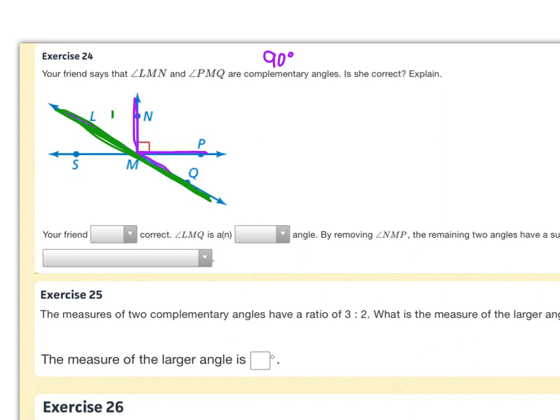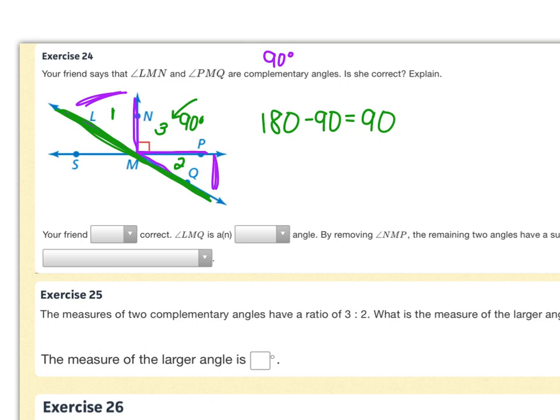We'll call it angle 1 and angle 2, just so I don't have to keep saying those letters. Angle 1 and angle 2 sit on that straight line, but they also sit on that line with angle, we'll call it 3. Well, here's what I know about angle 3. Angle 3 is 90 degrees. So if I take that straight angle and subtract away angle 3, that means there's 90 degrees left for angle 1 and angle 2.